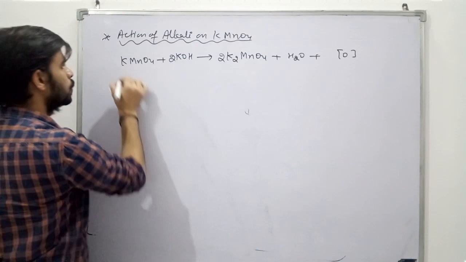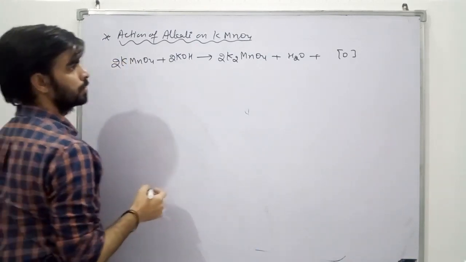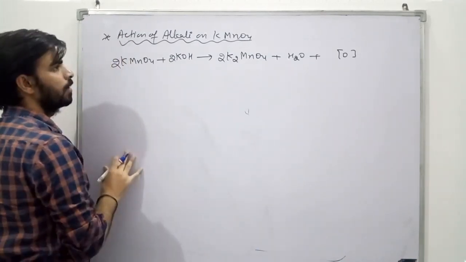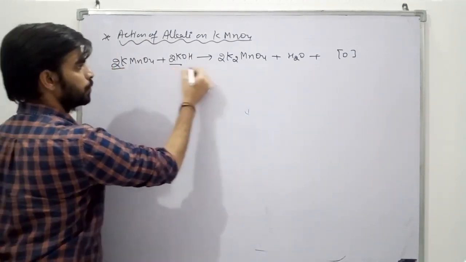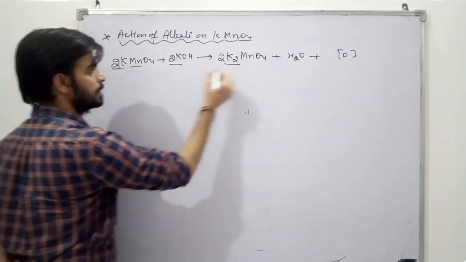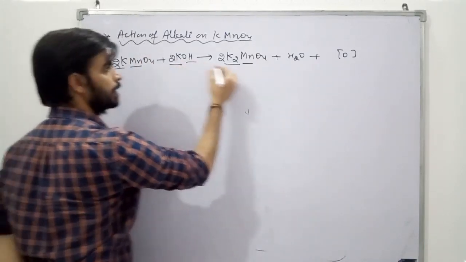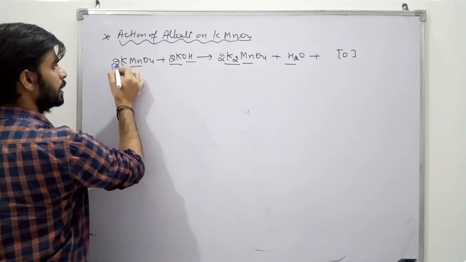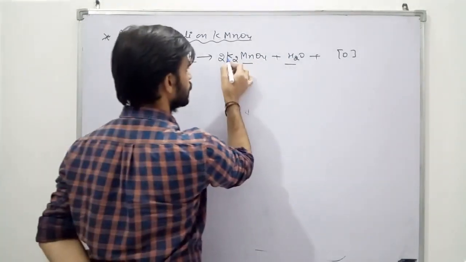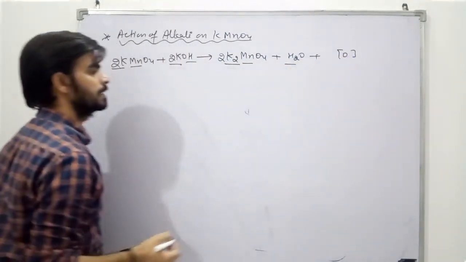Now check whether it is a balanced reaction or not. 2 plus 2 4, 2 manganese, 2 manganese, 2 hydrogen, 2 hydrogen, oxygen, 4 to the 8, 9, 10. It is a balanced equation.